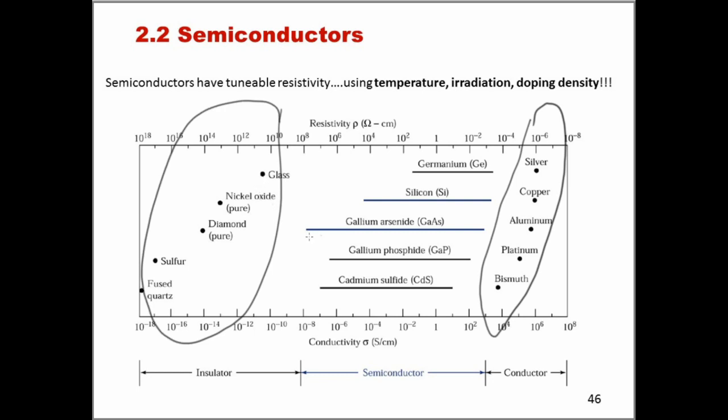And so in between are semiconducting materials like germanium, silicon, and other more complex alloys, whose resistivities can cover quite a wide range. The reason they may span such a large range is because of all these factors we just mentioned. So it depends on doping, temperature, and so on.